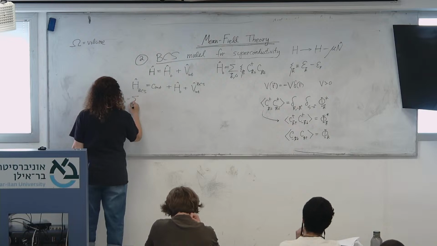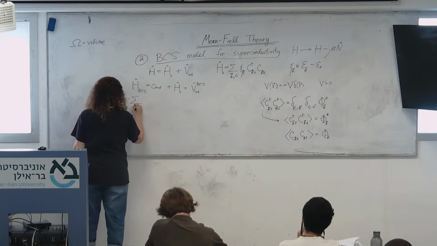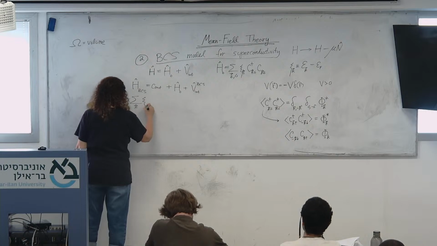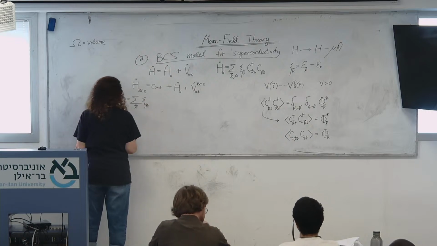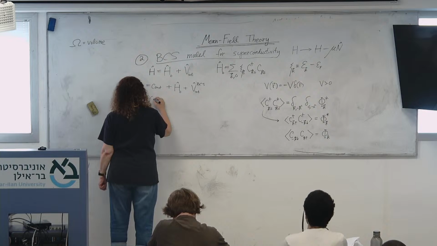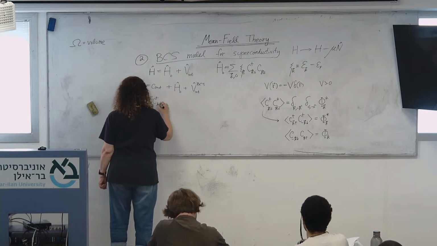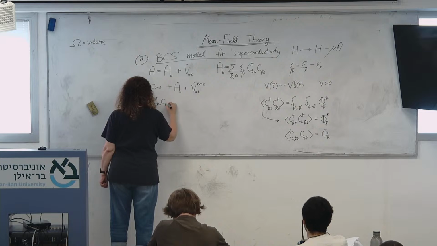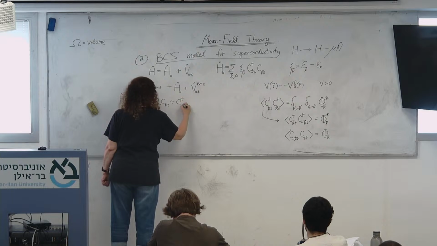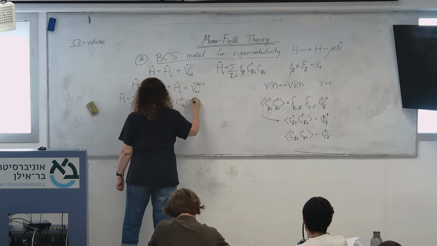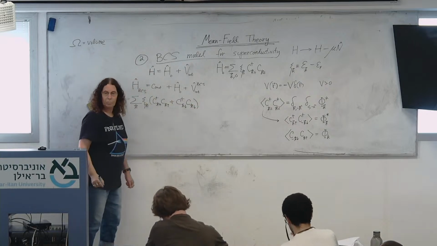So I have a sum over k of psi k, and for each k, I have two terms, C dagger k up, C k up, plus C dagger k down, C k down. You agree?